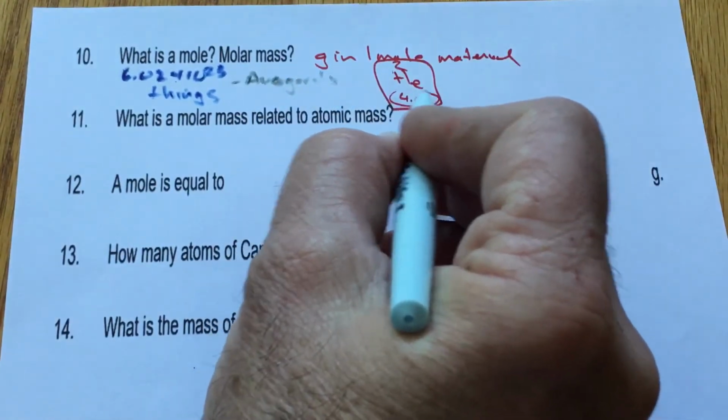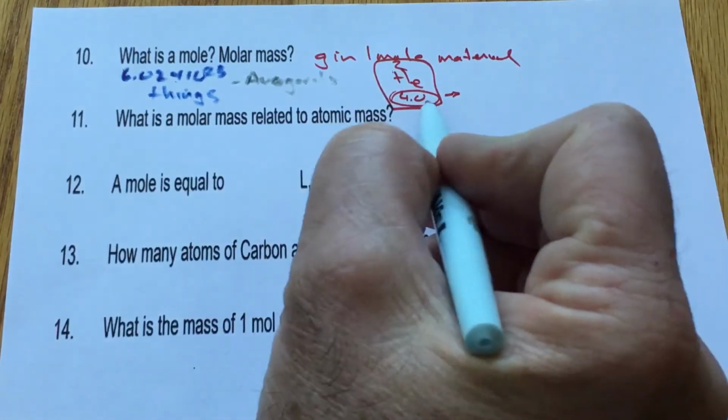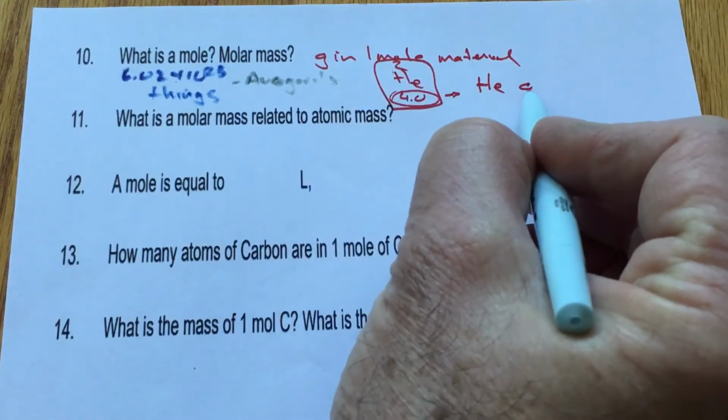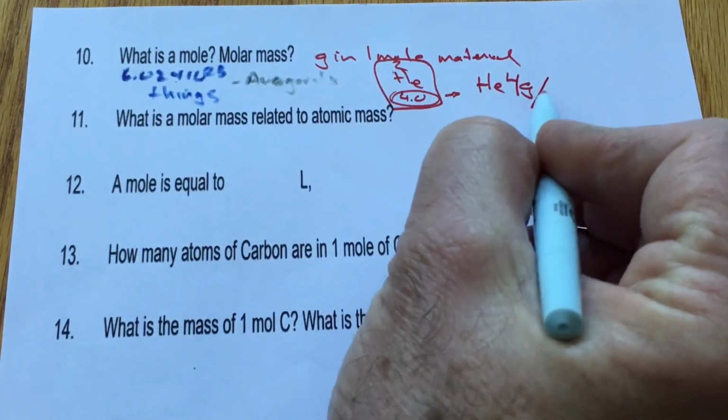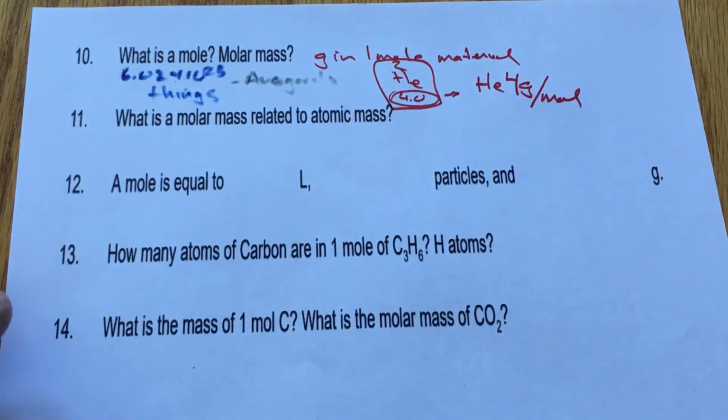This number right here converts directly into molar mass. So helium's molar mass is going to be 4 grams per mole.